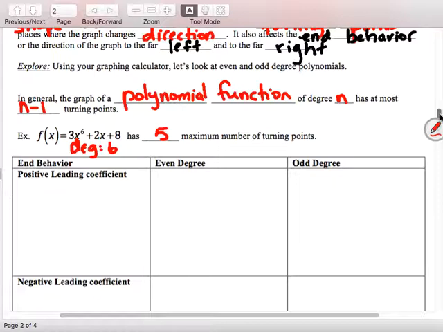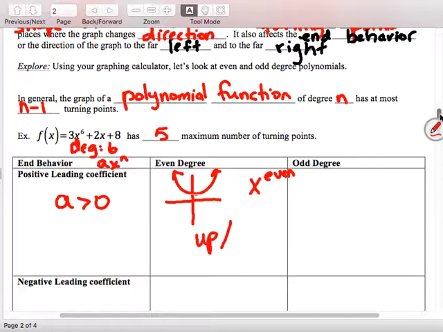All right, so now what we're going to do is write down, if I have ax to the n power, if a is positive, we just did this with our arms. All of the positive x to an even, this is x to an even, the end behavior is up, up.